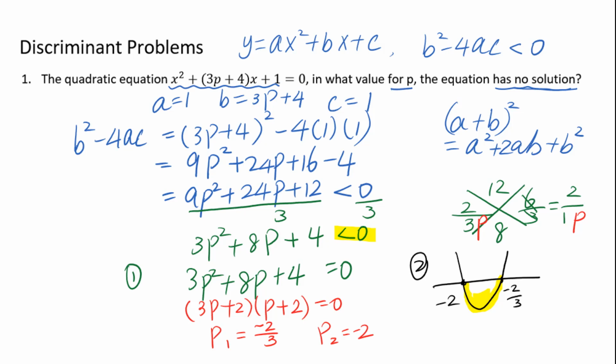So we can write down the solution: p is greater than negative 2 and less than negative 2/3. Then the equation has no solution.